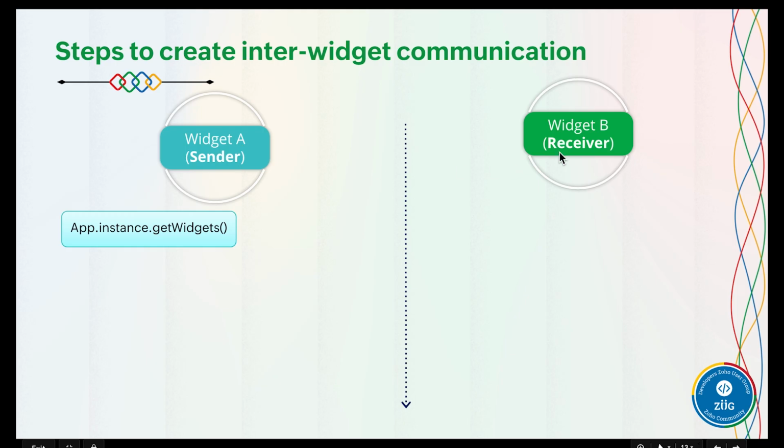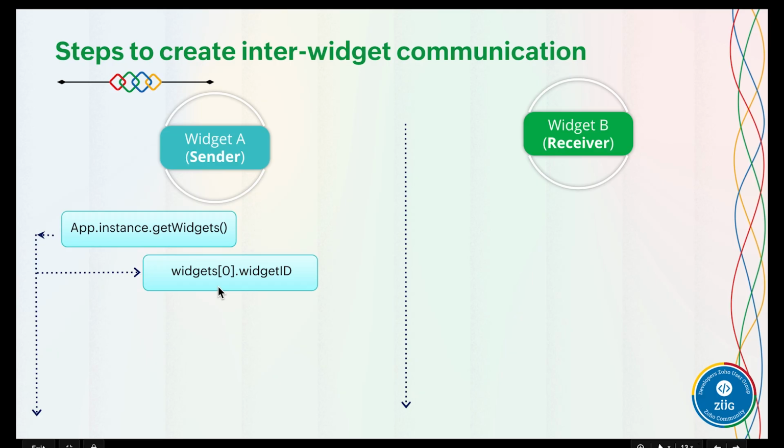As I mentioned, the first thing is the sender widget will use the app.instance.getWidgets SDK method to get the array of all the widgets available within the extension. Once we get that array, we will use the array index value to get the widget ID of our desired widget.